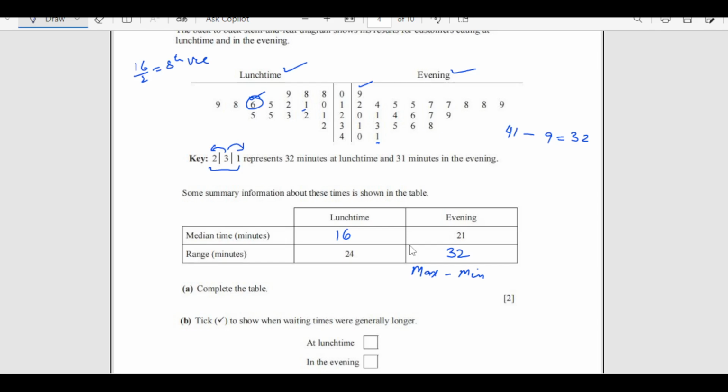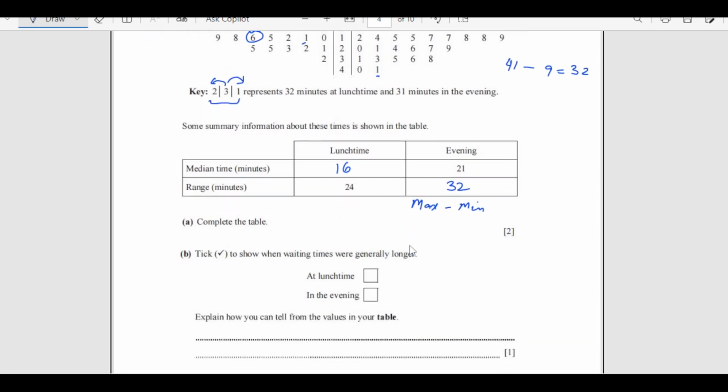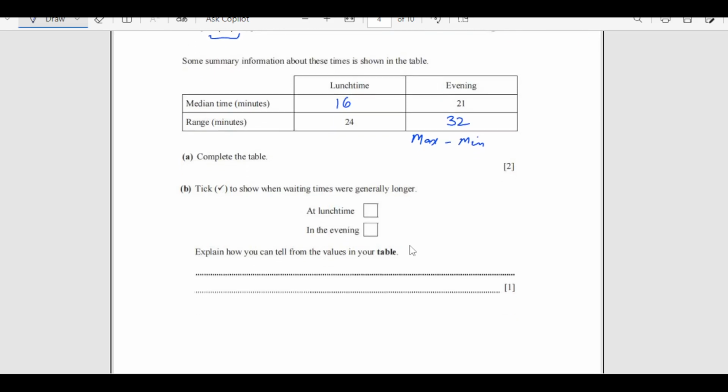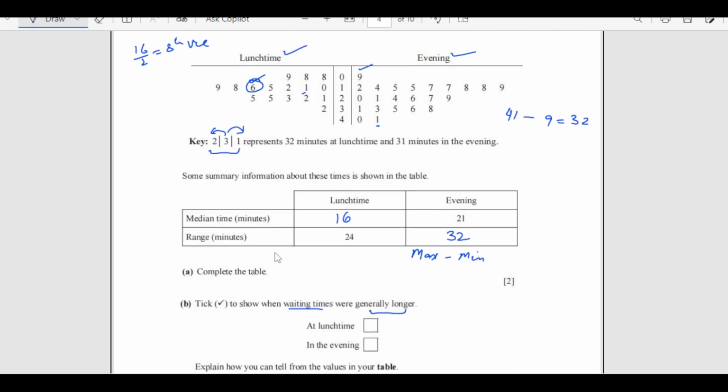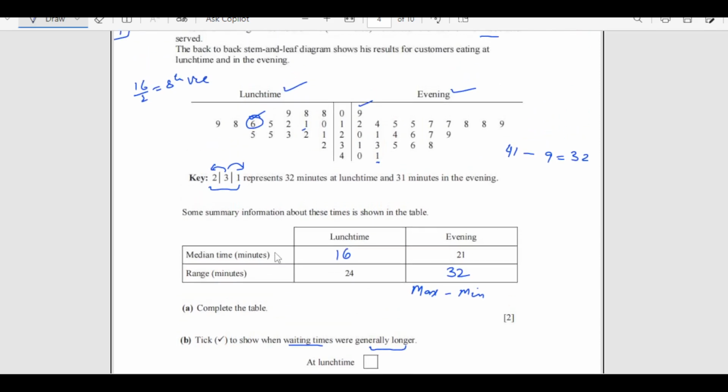So this is a 2 marks question. Tick to show when waiting time was generally longer, at lunchtime or evening time. Explain how you can tell from the values of the table. So we are looking for when waiting time was regularly longer. In the evening, if you go to the median, the median of evening time is 21, which is longer than 16.